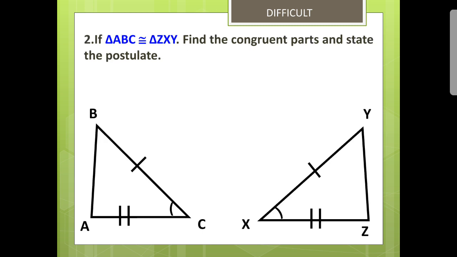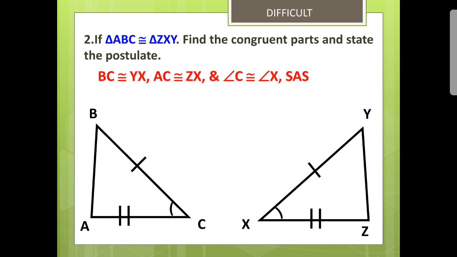Next question. If triangle ABC is congruent to triangle ZXY, find the congruent parts and state the postulate. Okay.